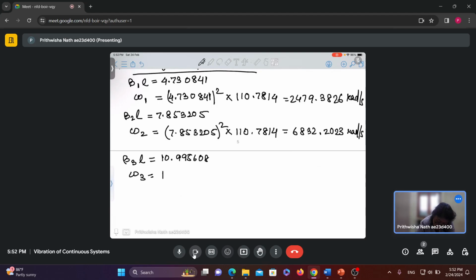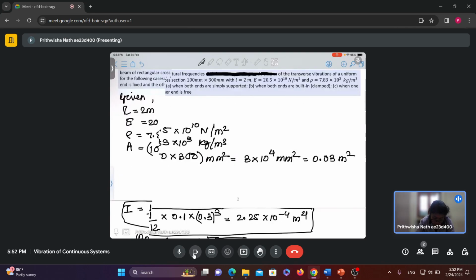Therefore, omega 3 comes out to be around 13393.8474 radians per second.